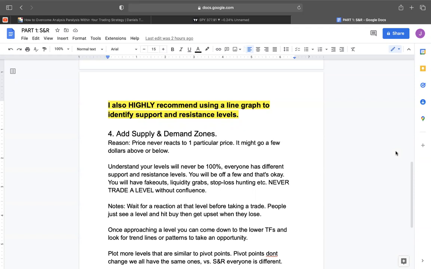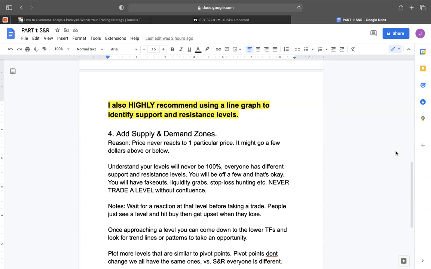So understand drawing supply and demand zones allows you to understand what can happen. Tesla might not reject at 701, but it has potential to reject from 701 to 705. So I'm drawing this zone, so I know when it gets into this zone, that's the rejection zone. You get what I'm saying? The supply zone.